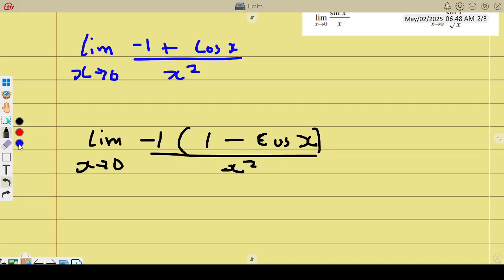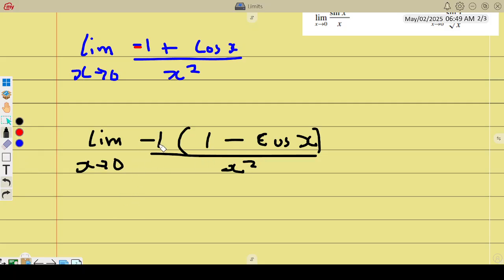Here we've just brought out the negative outside. In simple terms, the negative has gone away and the positive has become negative, so that even if we multiply them back, negative and negative will be positive. So we factored out the negative.